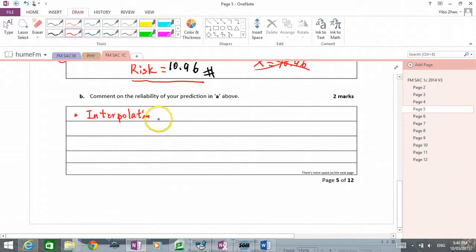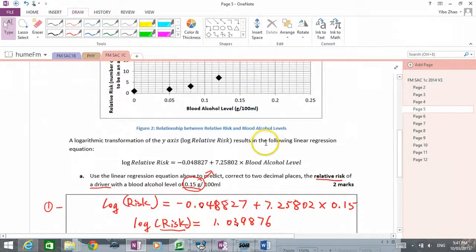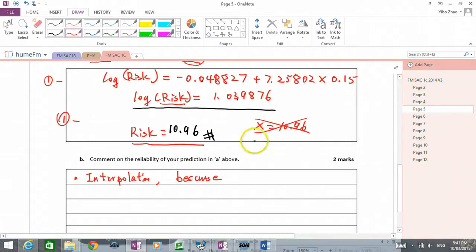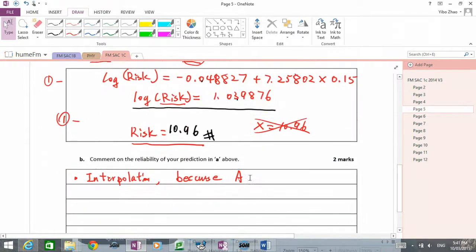This is interpolation because when the alcohol level, now I need to learn how to spell alcohol. Alcohol. Yep.